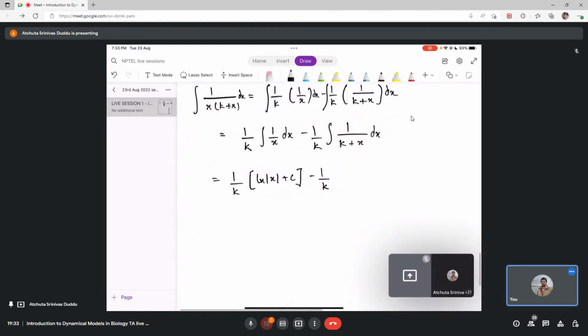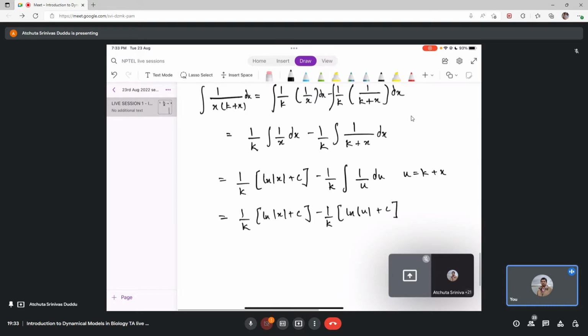So you can write it as the integral of 1 by u du, where u would be equal to k plus x, which would then be 1 by k times ln mod x plus c1, minus 1 by k times ln mod u plus another constant.